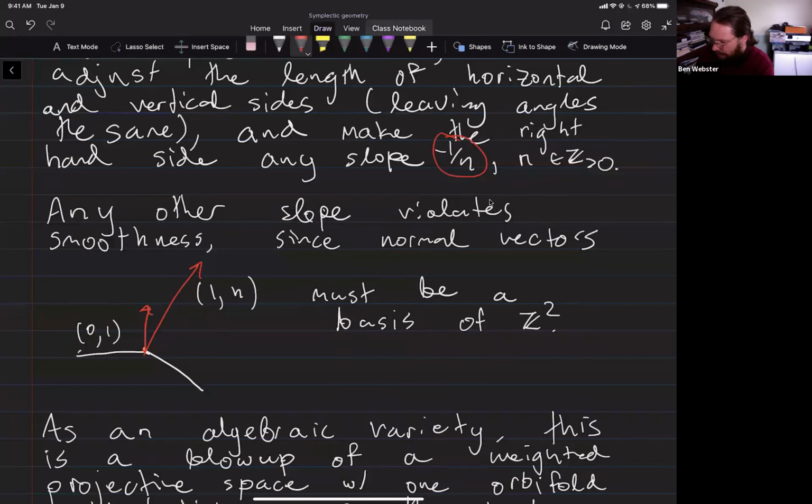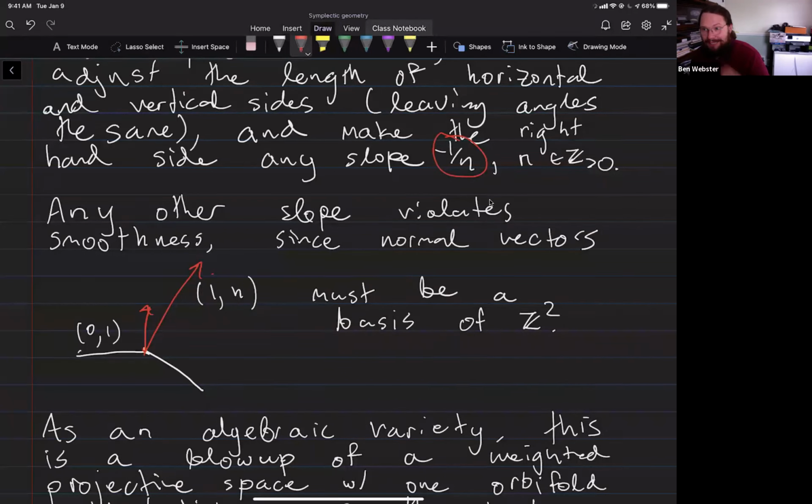If we write this in terms of normal vectors, the normal vector to this horizontal edge is 0, 1. So I need the normal vector to this guy to be something that gives a basis of Z2 with 0, 1. Well, its x coordinate had better be 1. It can't be 12 or 17 or whatever, because then I would never be able to get x coordinates that aren't divisible by whatever the entry there is.